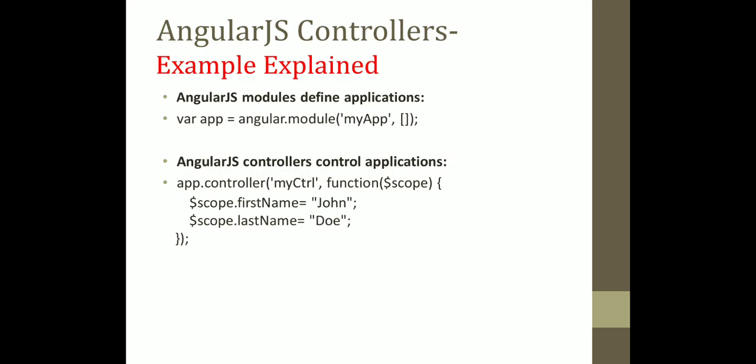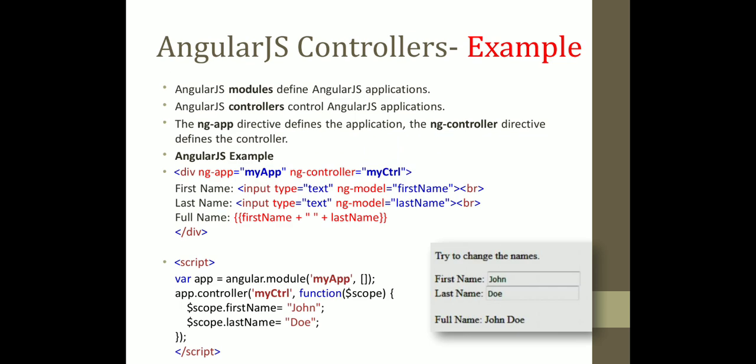So this is all about the example of an AngularJS controller. We can see the ng controller my controller directive is applied to the div element, while my controller is the name of the controller. Inside the div element we have specified the expressions as well.